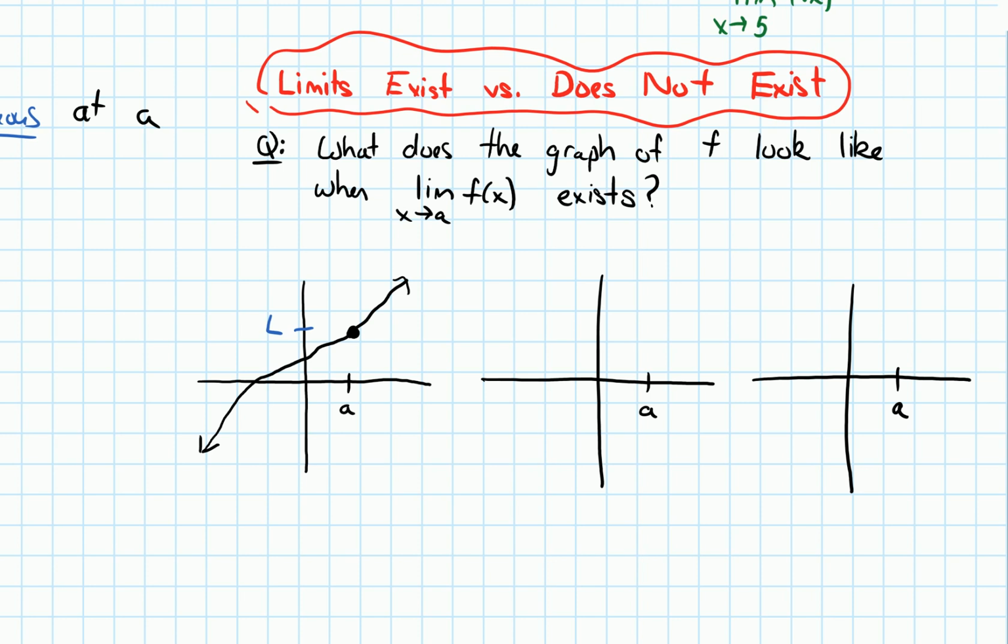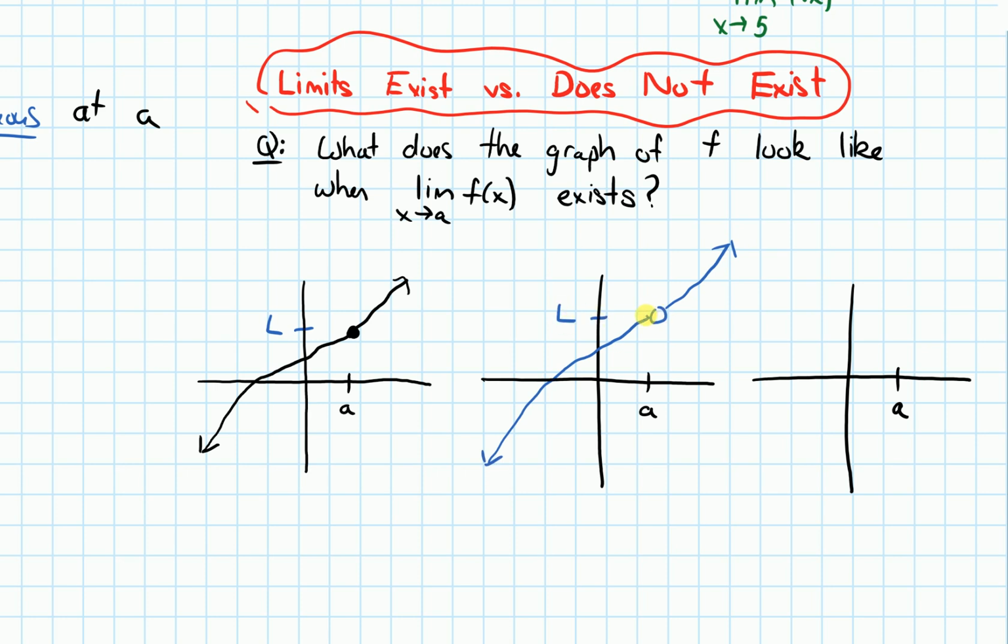So that limit exists. The limit as x approaches a in this graph will exist, and I'll recap why after I've drawn each of these pictures. In the next picture, let's draw a similar looking graph, let's put this in blue. But when I get to a, let's put a hole there, and then the graph just keeps going. Let's say the y value of that hole is L again.